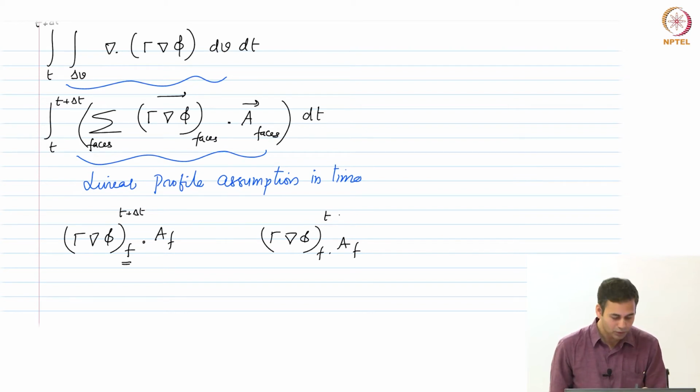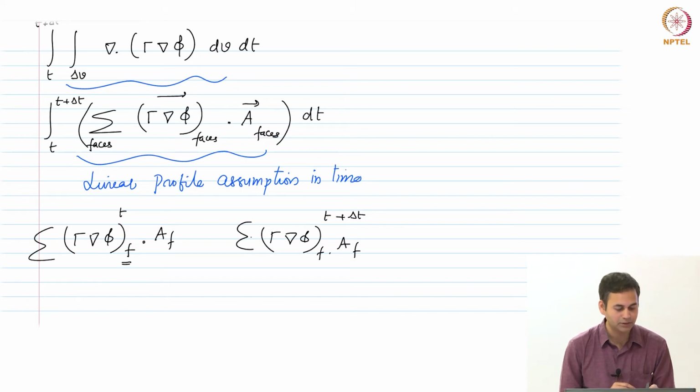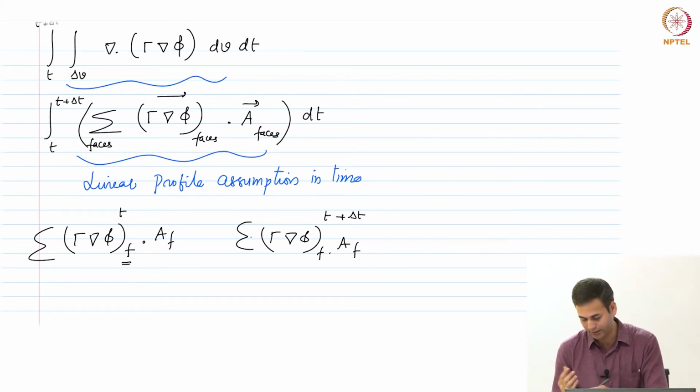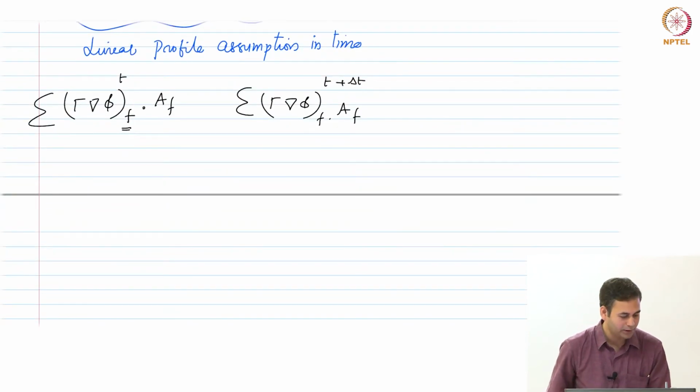Let me write t on the left hand side and t plus delta t on the right. Of course, this is again a summation on all the faces. We have these two values at different time steps, t and t plus delta t. If I were to draw it, this is my gamma grad phi f 1 dot af, and this is my gamma grad phi f 0 dot af.